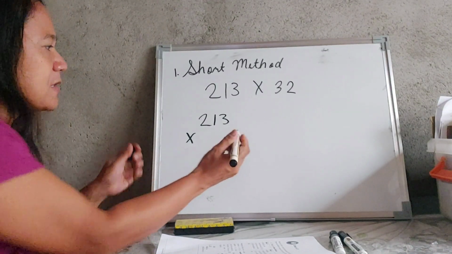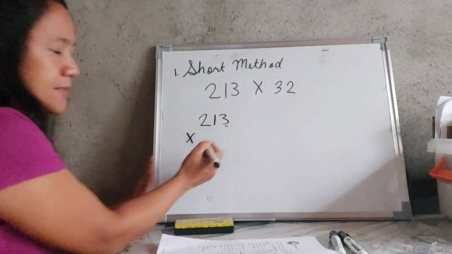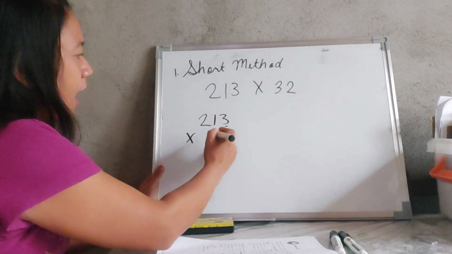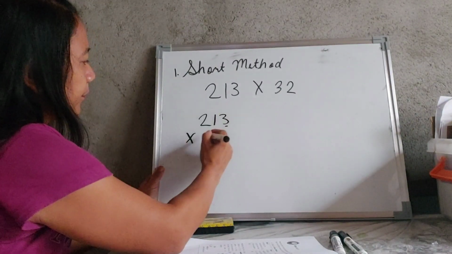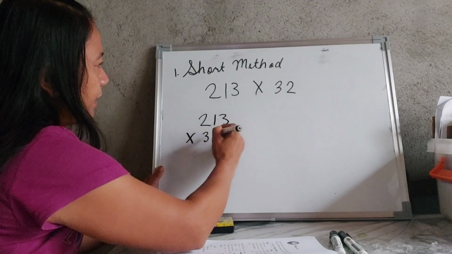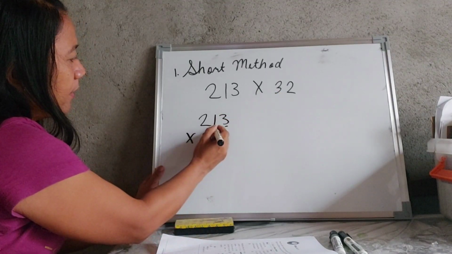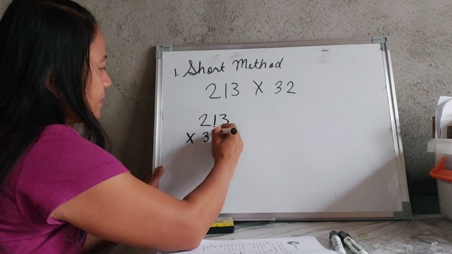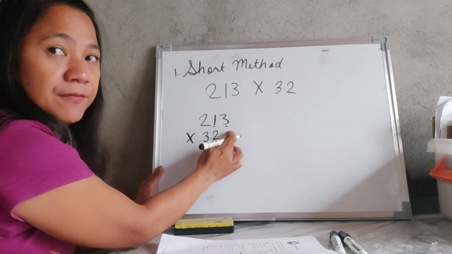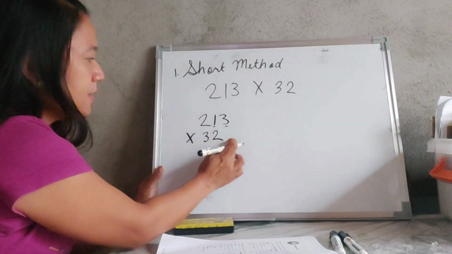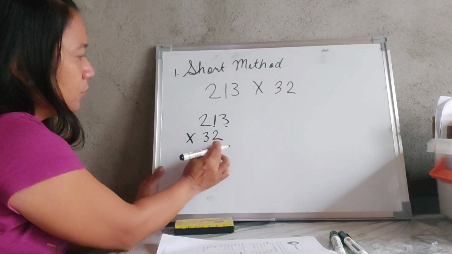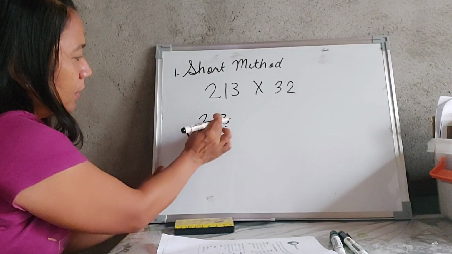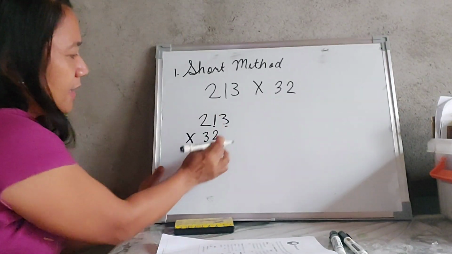We will leave the space of ones. So I will write down 32. I will align the number 2 to the place value of tens. So leave the space of ones and write down 32, or the number 2 down the tens value.